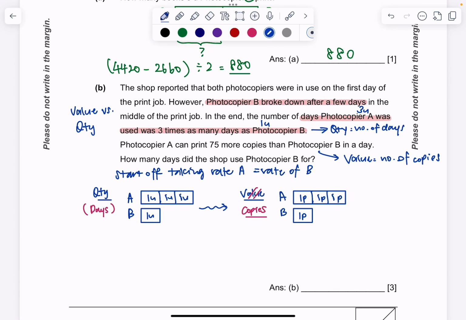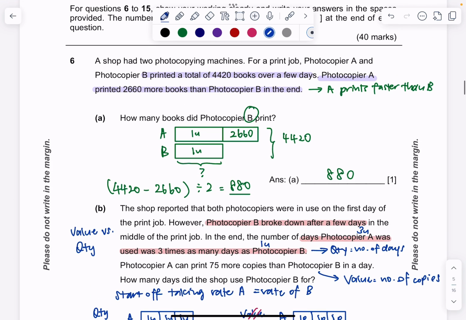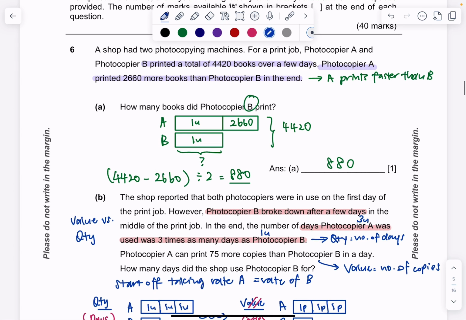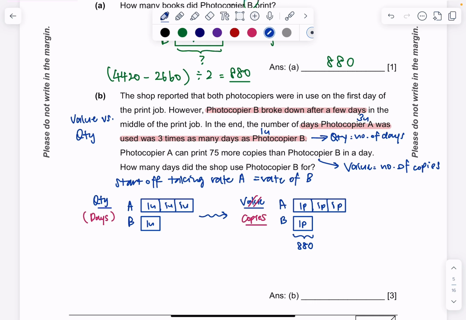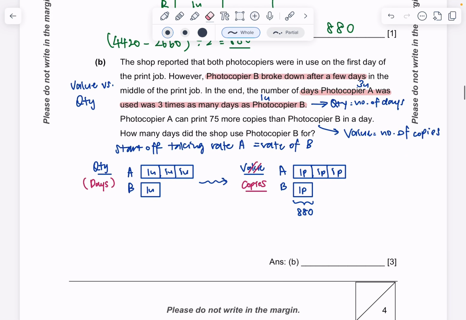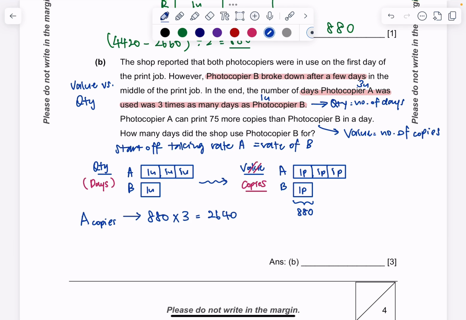So you notice that from part A, we found how many books photocopier B printed. So this is B. So by right, the number of copies for A should be 880 times 3, which is 2,640.